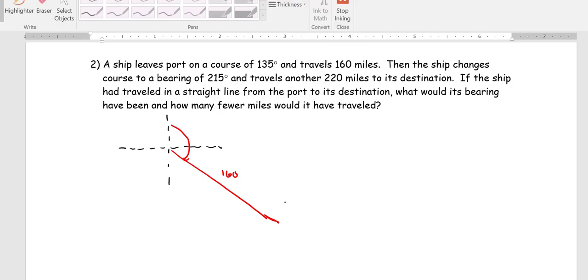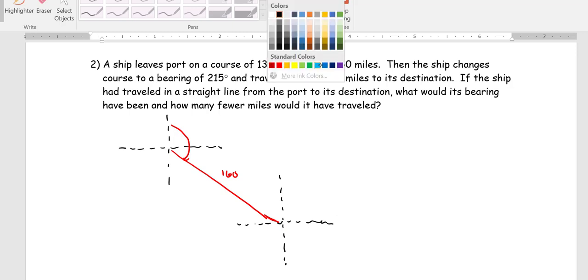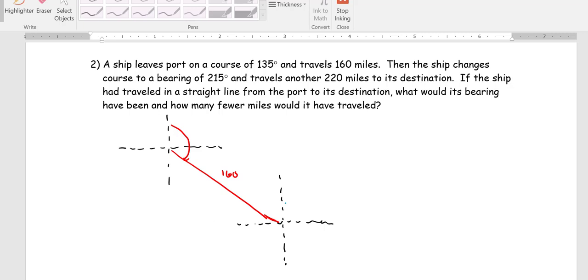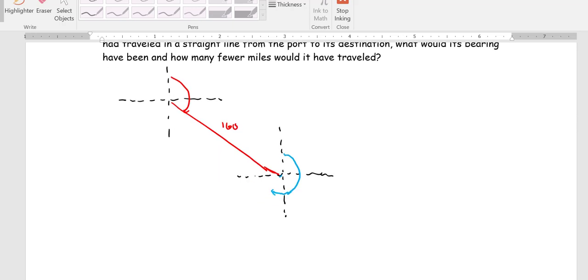So I'm going to draw another set of crosshairs, or axes, right here. It's going to change course to a bearing of 215 degrees. Starting from the north, here's 180, and past that is 215, so it's going to be something like this, and it's going to travel 220 miles.